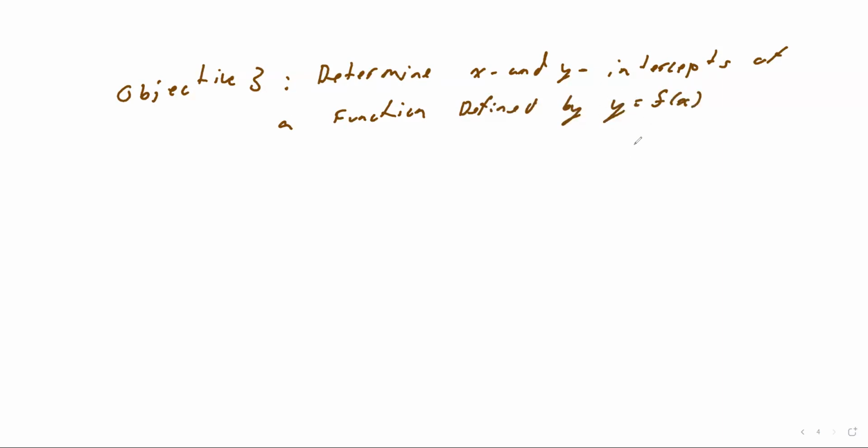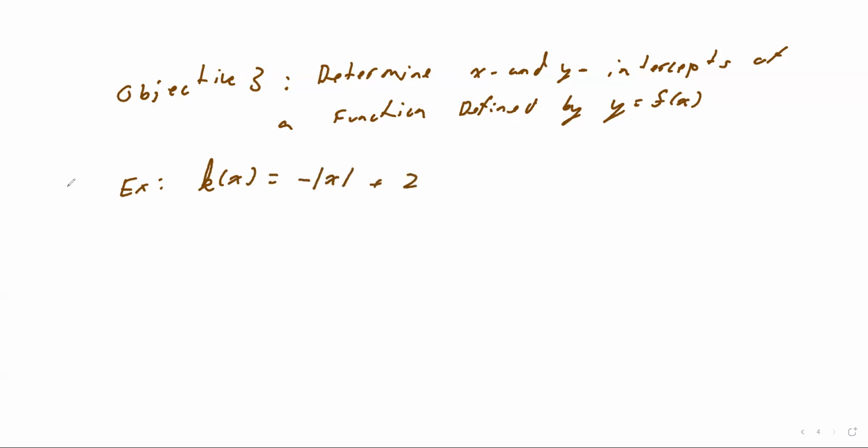So remember back in Algebra 1, we learned f of x is just a fancy way of saying y. So in this example, I want you to find the x and y intercept. Let's take k of x equal to negative absolute value of x plus 2.